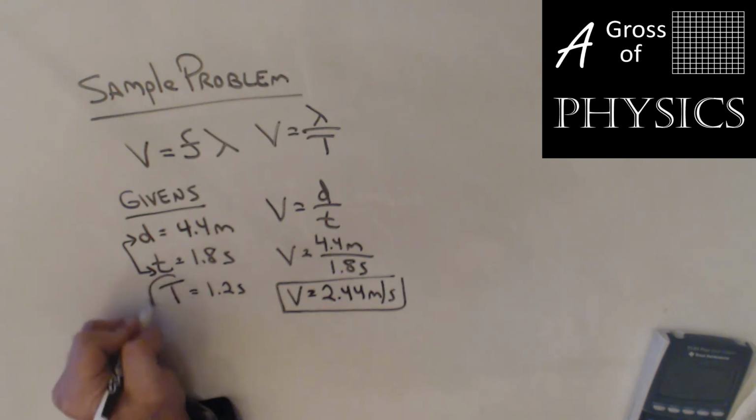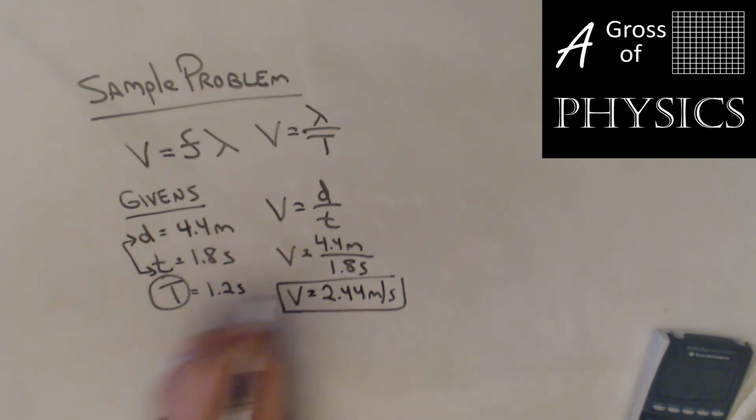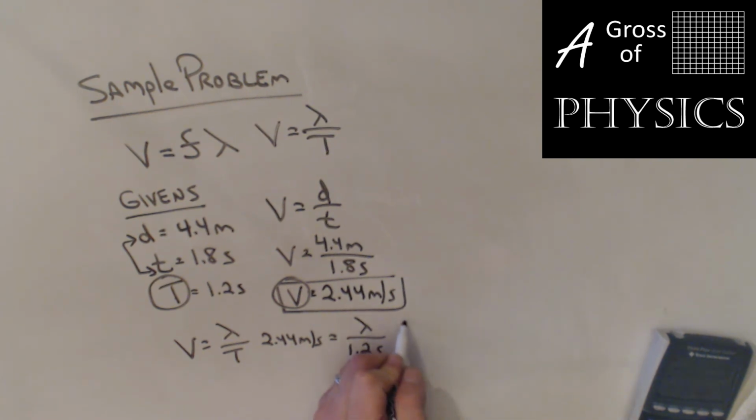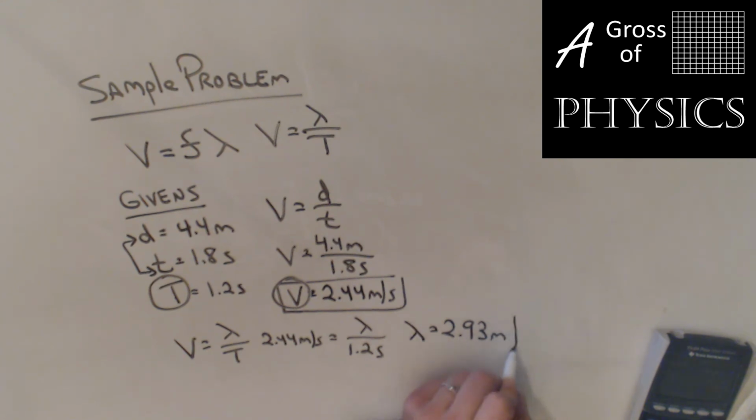All right. Now, I have big T and I have V. Well, if I have that, I can find lambda. V equals lambda over T. 2.44 meters per second equals lambda over 1.2 seconds. And I calculate 2.44 times 1.2, and I have my lambda to be 2.93 meters.